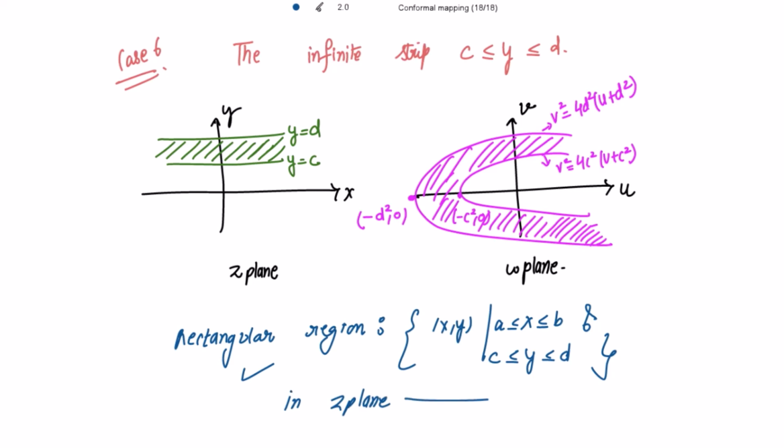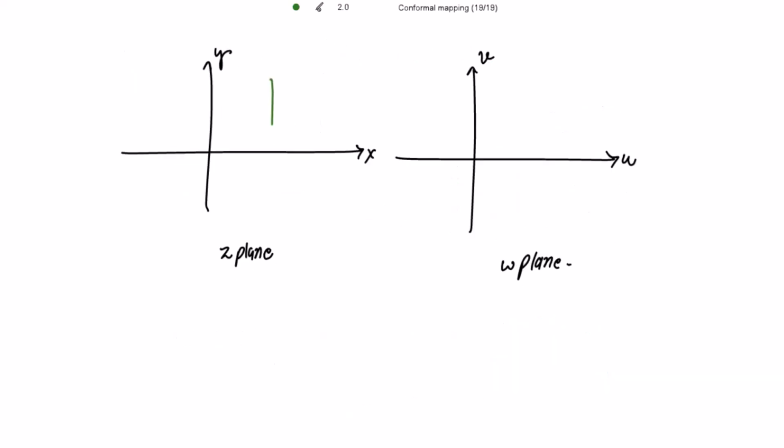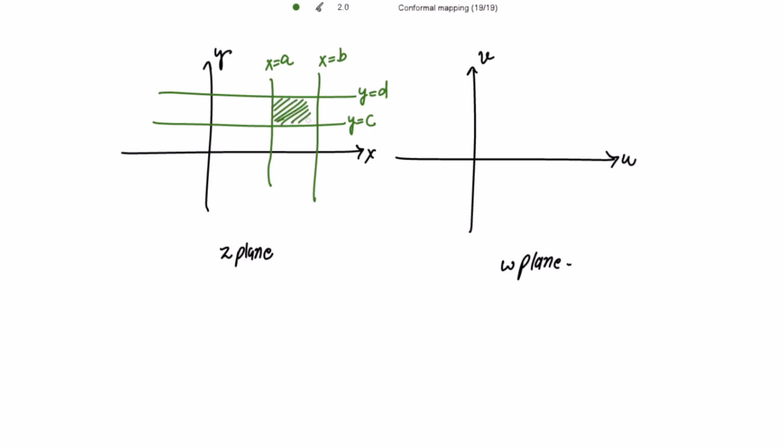So this region is mapped into the w plane. Where? Let's check that. So this is x equal to a. This is x equal to b. We have taken y equal to c, and y equal to d this. So the common region is this, the rectangular region.